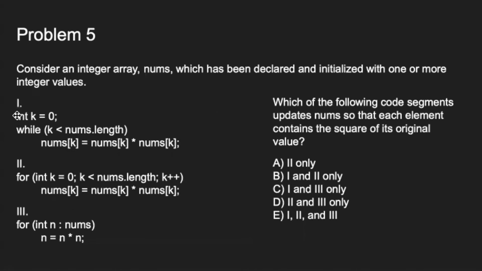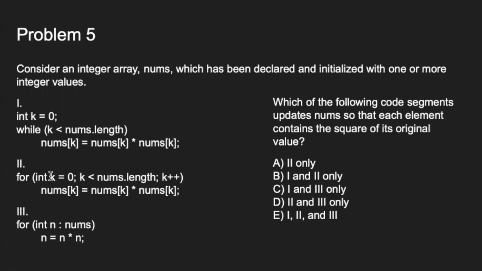So with code number 1, we have int k equals 0, while k is less than nums.length, nums[k] equals nums[k] times nums[k]. That does edit it correctly. However, the problem with this piece of code is that k always stays at 0. It never increases. So therefore, this while loop will just run forever, and only the first element in the array is changed. So therefore, 1 doesn't work.